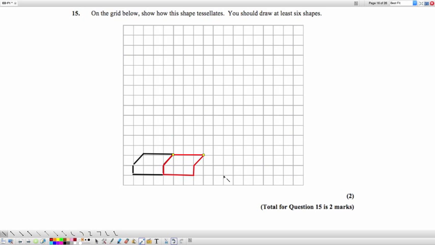And we can do another one next to that. 1 here, and we can continue. Then we will go up. And then up here, 3 across, 1 up.